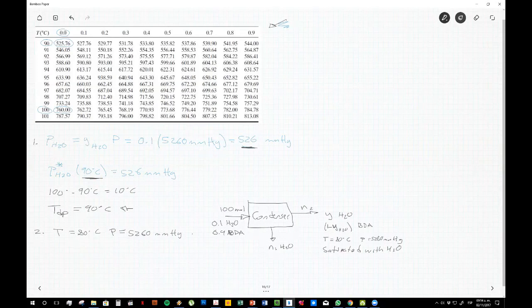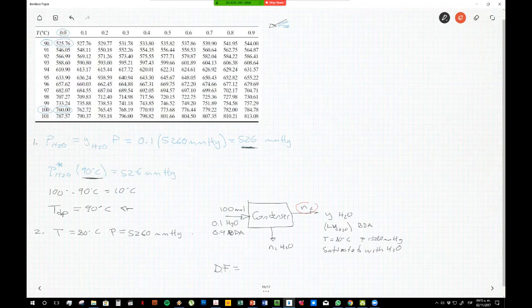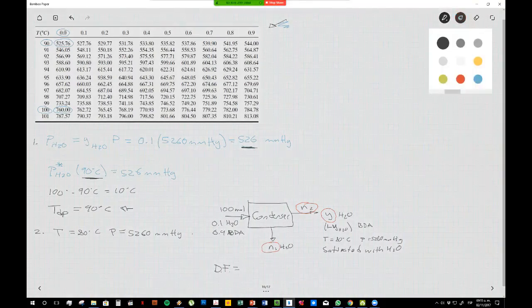And we, of course, need to obtain the degrees of freedom, right? To see if this can be solved. In this particular case, the unknown variables are N2 over here, N1 over here, and the fraction of water in the outlet, right?